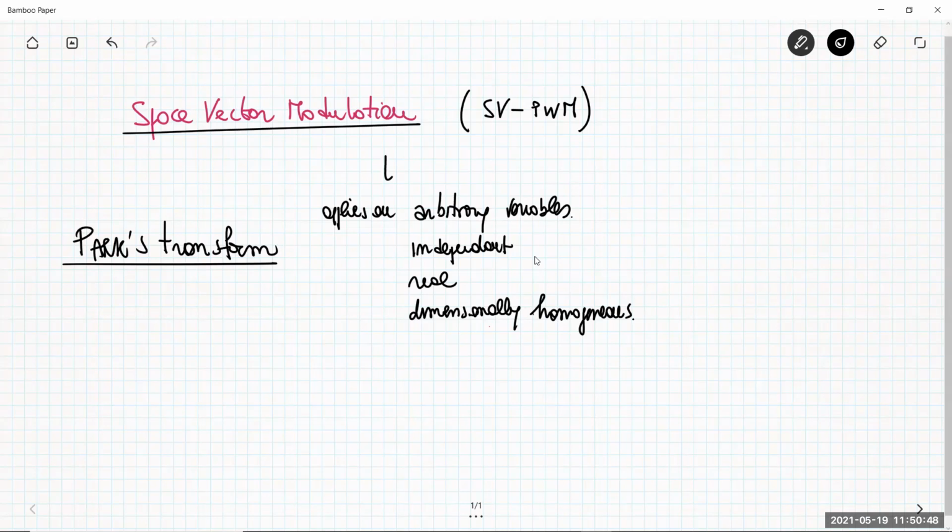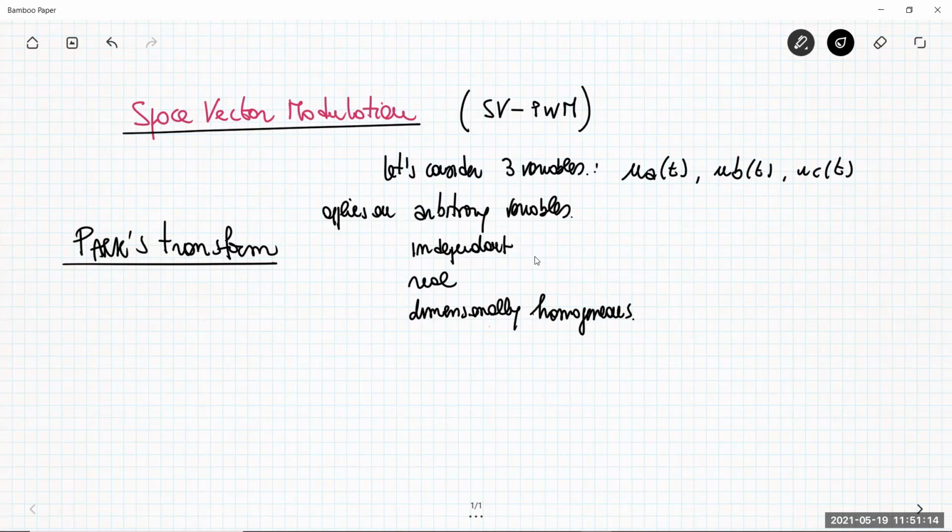Okay, so let's consider three variables. For example, let me call them ua(t), ub(t), and uc(t). Suppose that you have this set of variables that are arbitrary, independent, real, and dimensionally homogeneous.